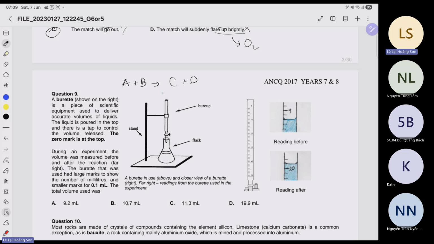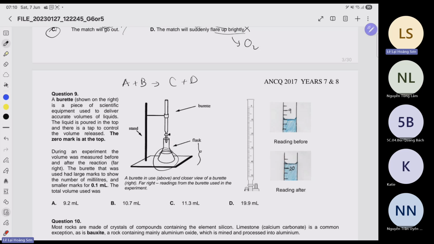Titration is a technique used to determine the concentration of what is inside the flask by using a solution with a known concentration. In the burette, you put a solution with a known concentration and let it react with the solution in the flask. Down here you have a certain volume, and up here you use a certain volume.